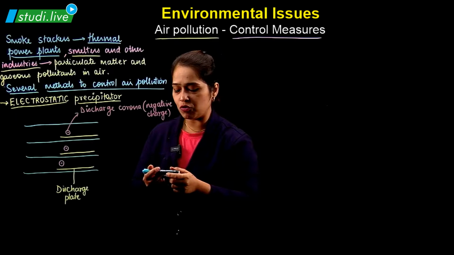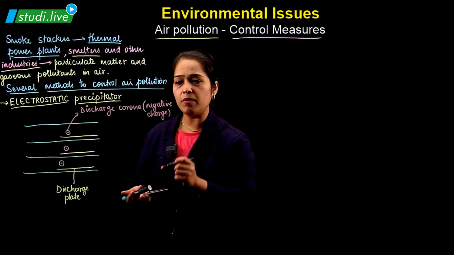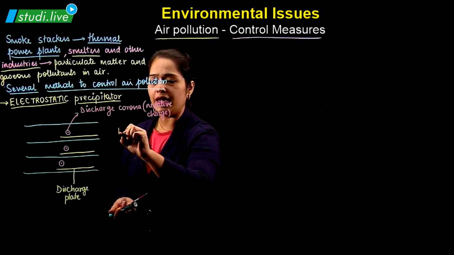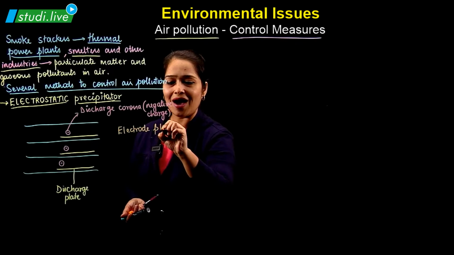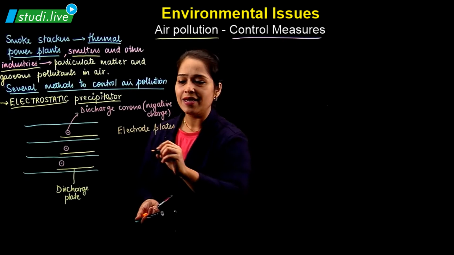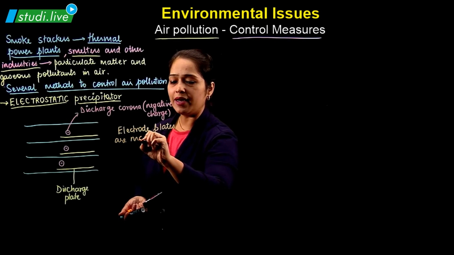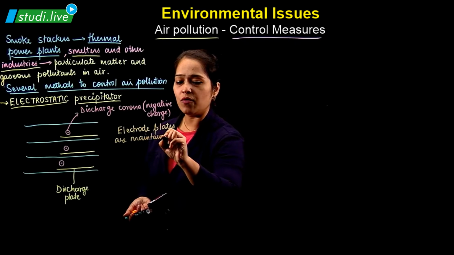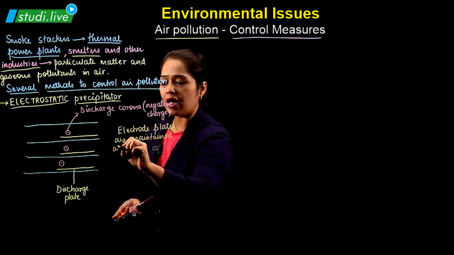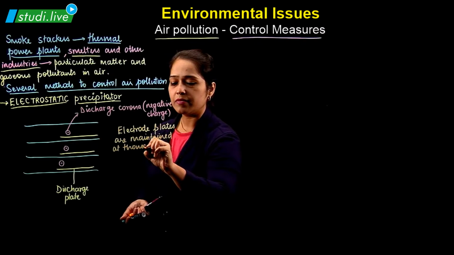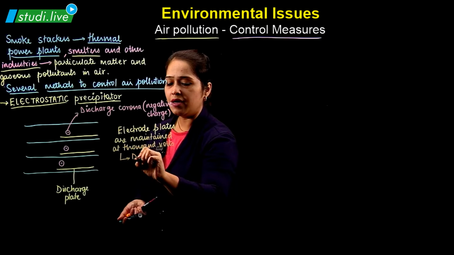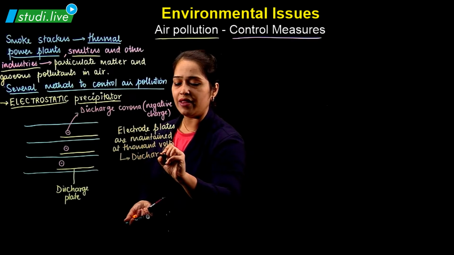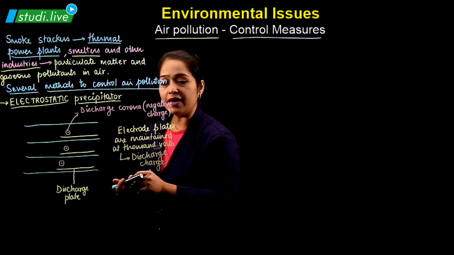So in this electrostatic precipitator, we have to remember first that we have electrode plates, also known as discharge plates. They are maintained at thousands of volts, at 1000 volts. Because of this they produce a discharge corona having the negative charge.